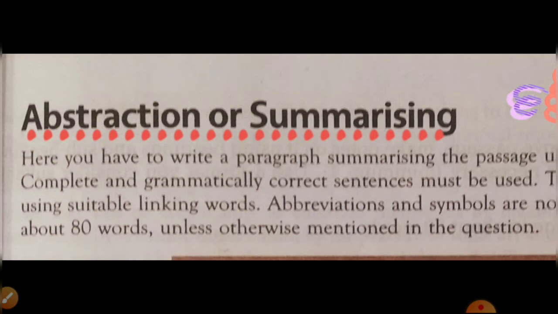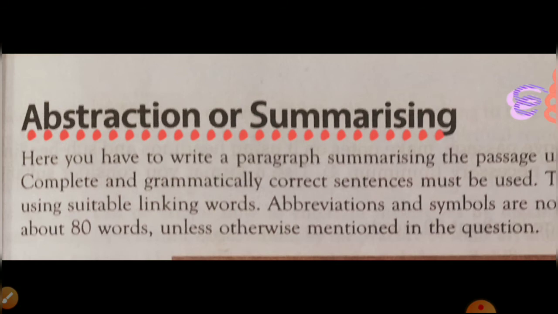Most of the time, questions instruct us to summarize the passage in 80 words. If it is not mentioned, then you can write one-third of the words of that particular paragraph. Suppose a passage contains 2 paragraphs; sometimes we make a summary of each paragraph. It's not like that, okay? We have to make only one summary.